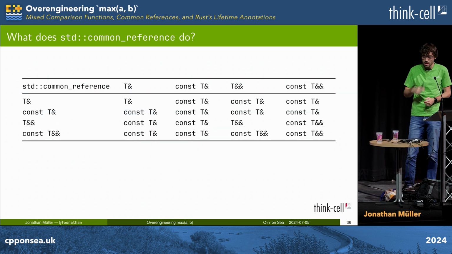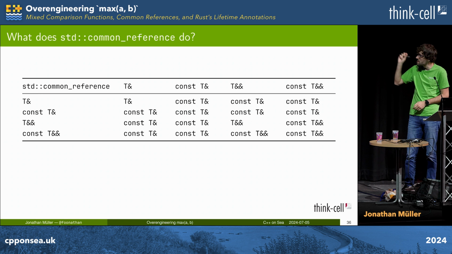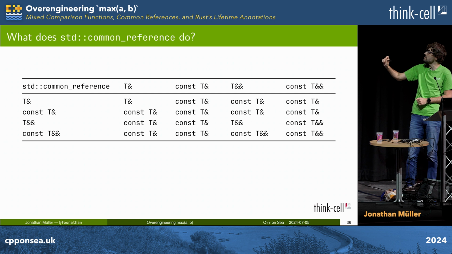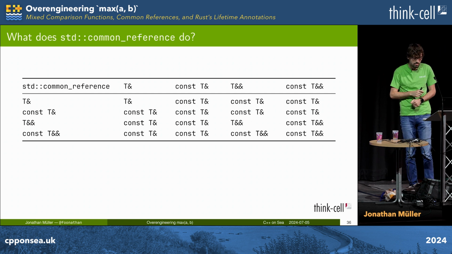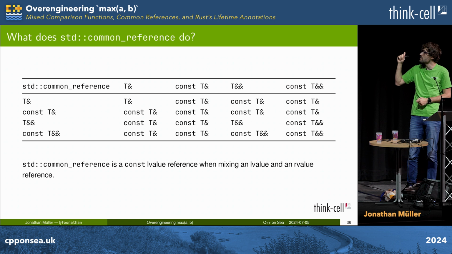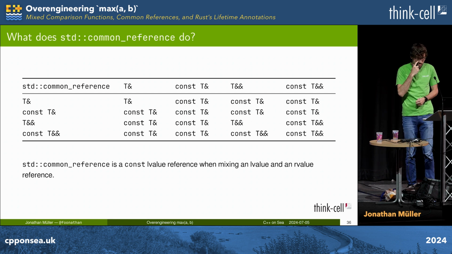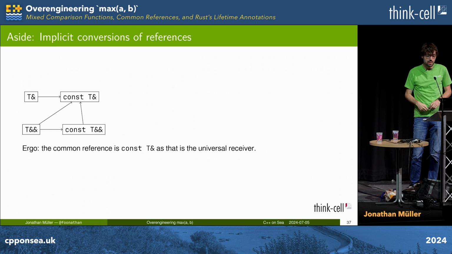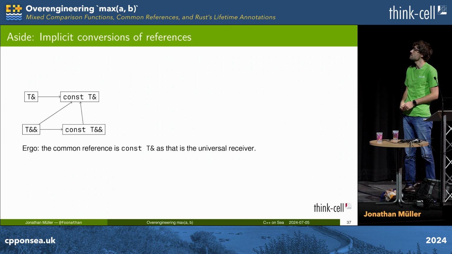More precisely, this is the relevant table. It's still symmetric. The top left and the bottom right haven't changed from the ternary operator. But if we mix an lvalue reference and an rvalue reference, we will get a const lvalue reference. So std common reference is a const lvalue reference when mixing an lvalue and an rvalue reference. And this makes sense because this is the implicit conversion graph for references.